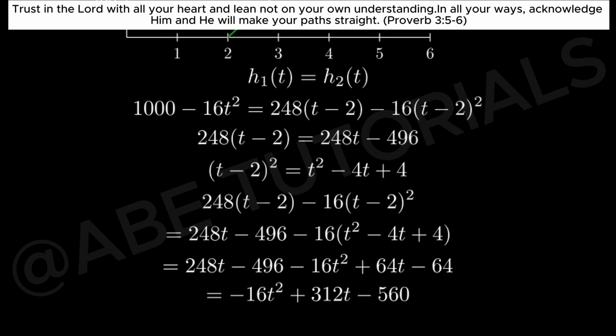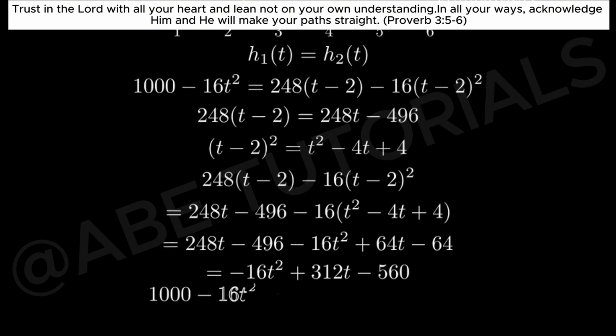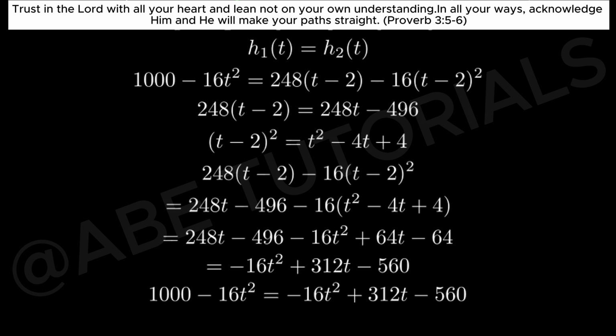Which equals 248t minus 496 minus 16t squared plus 64t minus 64, which simplifies to negative 16t squared plus 312t minus 560. So our equation becomes 1,000 minus 16t squared equals negative 16t squared plus 312t minus 560.